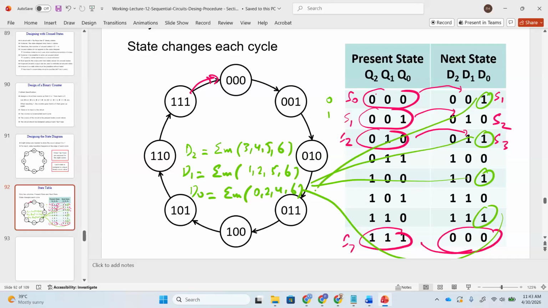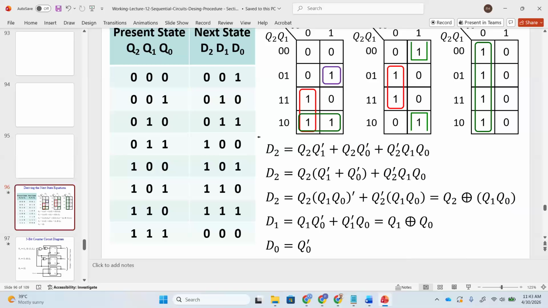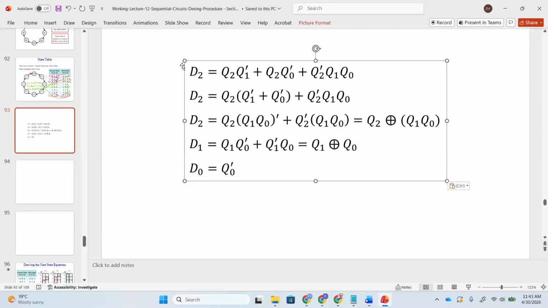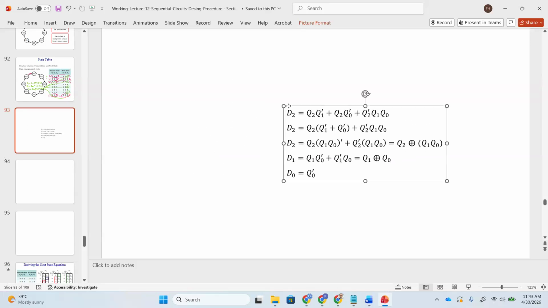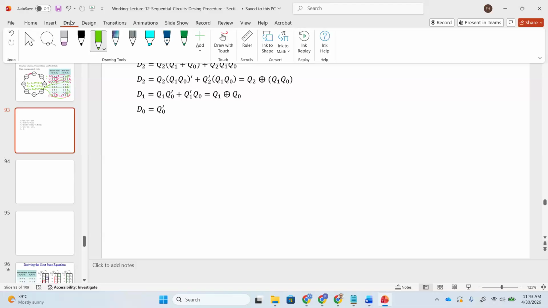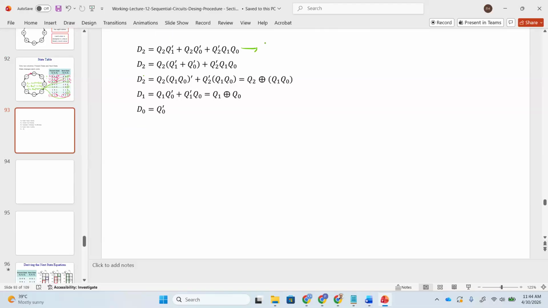Okay, so then we draw this, and definitely we draw the state diagram. So we got this expression from the K-maps. And please remember, this D2 is an SOP expression.